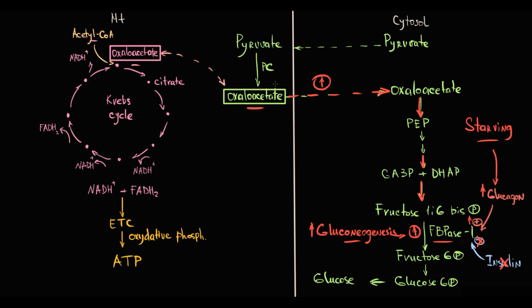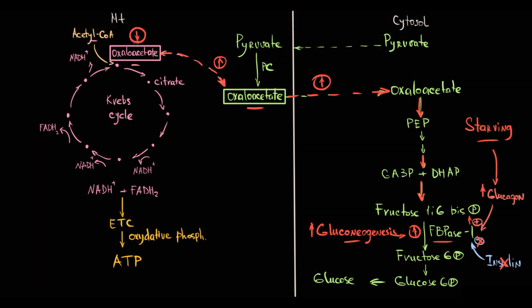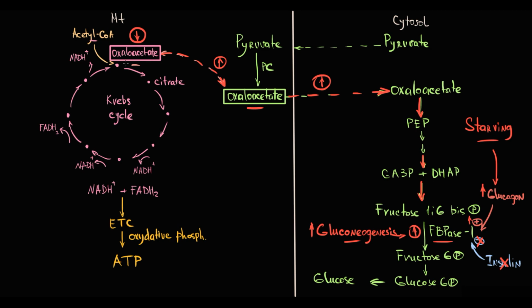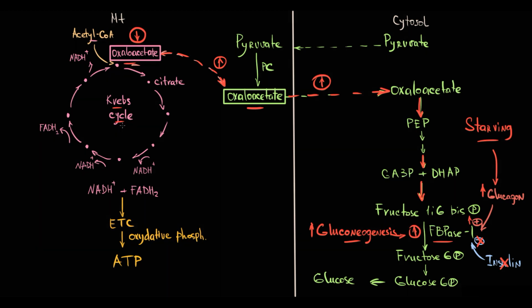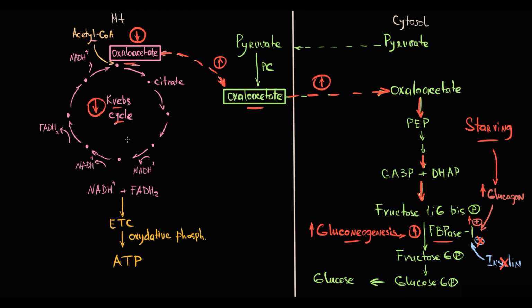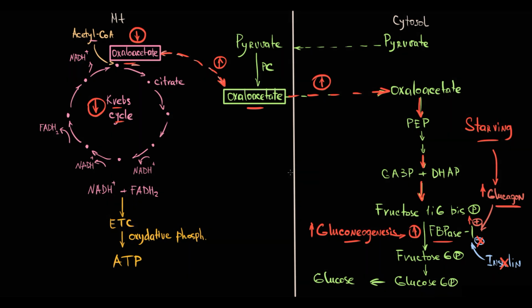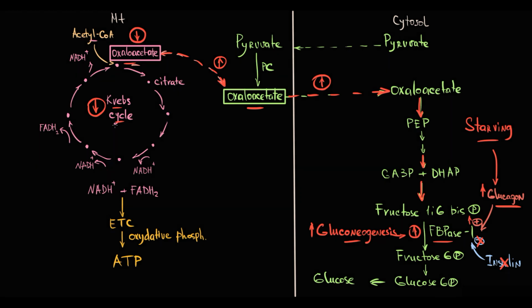And eventually, such strong stimulation of gluconeogenesis depletes oxaloacetate stores. And because oxaloacetate is the intermediate metabolite of the Krebs cycle, a decrease in oxaloacetate causes a decrease in the rate of the entire Krebs cycle. So it's the mechanism of how pro-glucagon stimulation of gluconeogenesis at some point decreases the rate of the Krebs cycle.